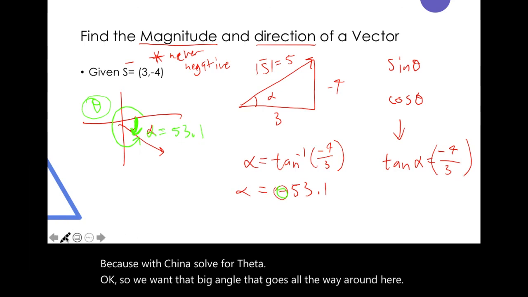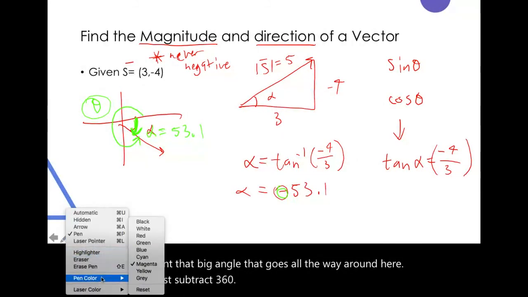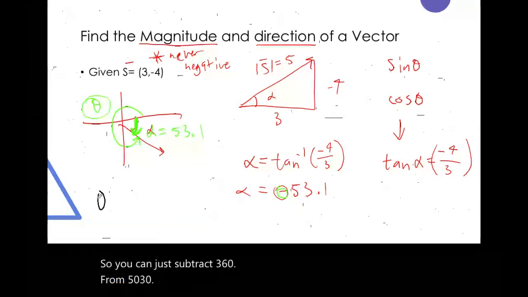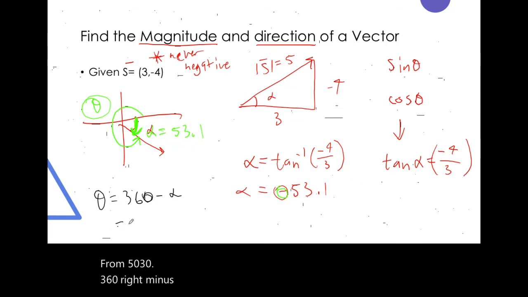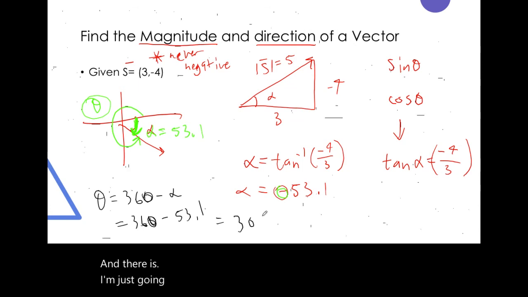So we can just subtract alpha from 360, so 360 minus 53.1, and that is about 307 degrees.